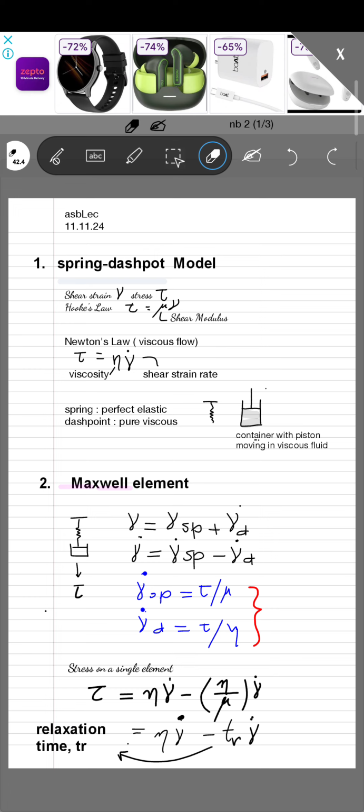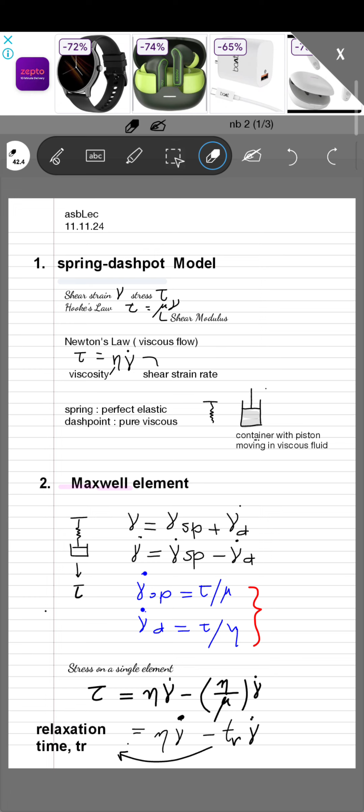It is nothing but the shear strain rate related to the stress. So here, strain rate is an important factor, but there was no time dependency in the case of Hooke's law. So here eta is the viscosity, and mu is the shear modulus.